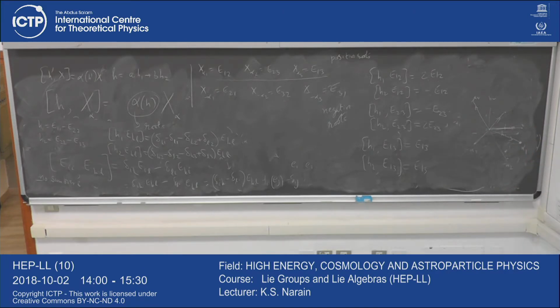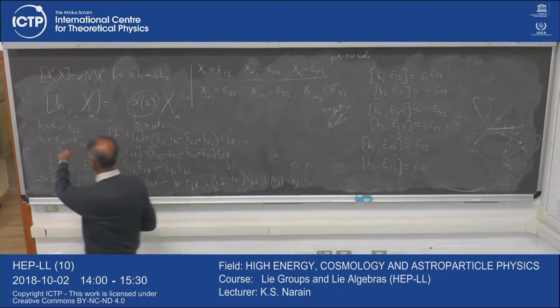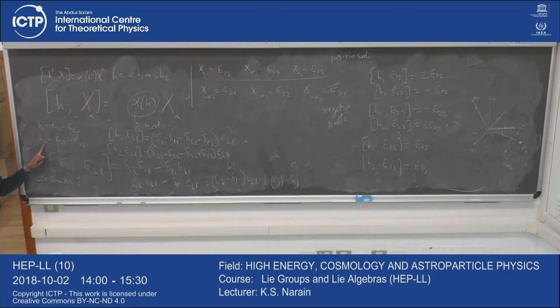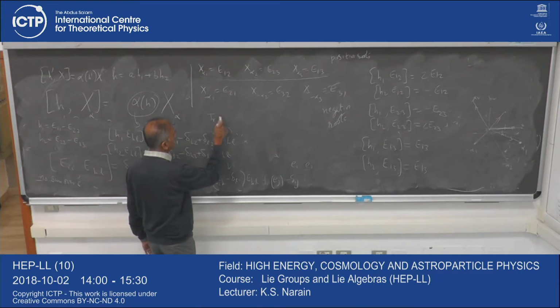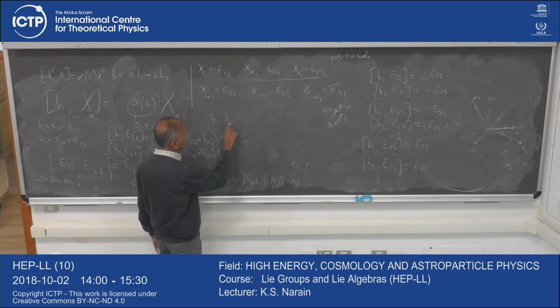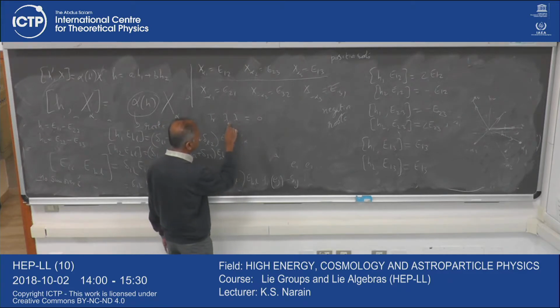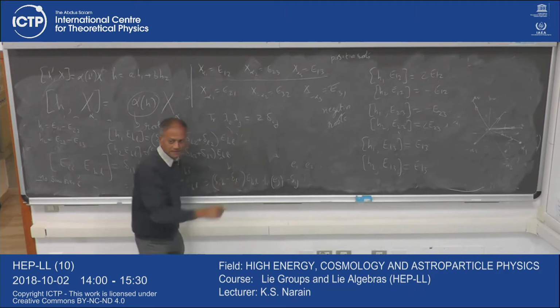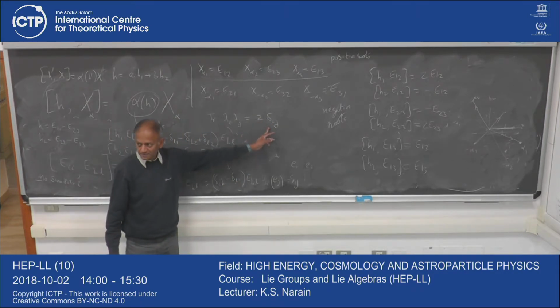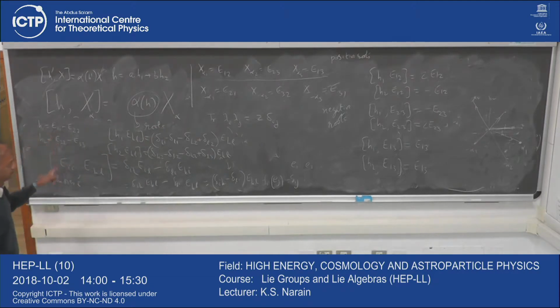The reason why it's not so nice is because the things that we have chosen here, H1 and H2, are not orthogonal in the sense of, you remember when we talked about taking the trace of the product. In the Gell-Mann matrices, we had lambda 3 and lambda 8, and this was 0. In fact, for Gell-Mann matrices, the trace of lambda i lambda j was proportional to delta ij with a factor of 2. But the important thing is it's proportional to delta ij. Whereas these are not satisfying that.